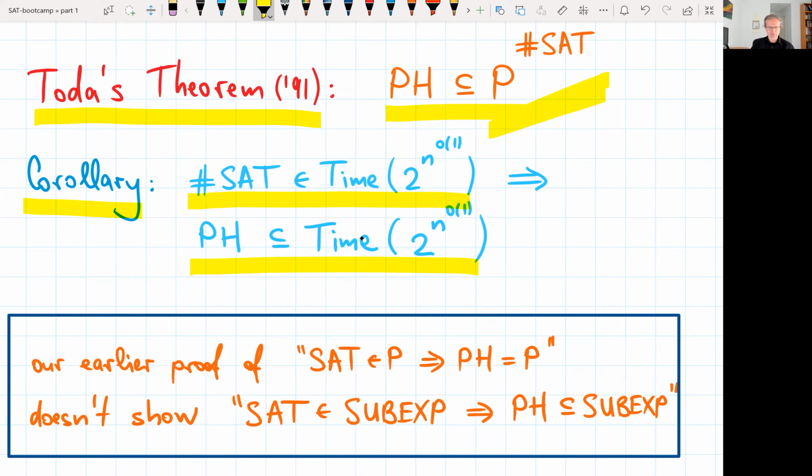Polynomial time reduction can blow up the input size only polynomially, and this polynomial blow-up is going to be eaten by sub-exponential time, 2 to the n to the little o(1) time.